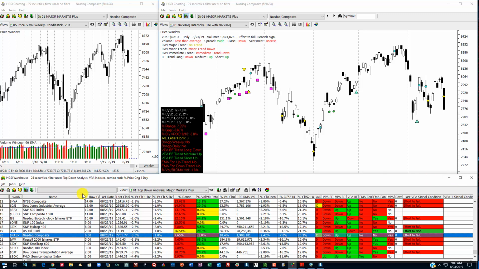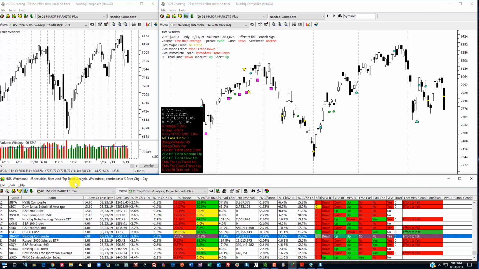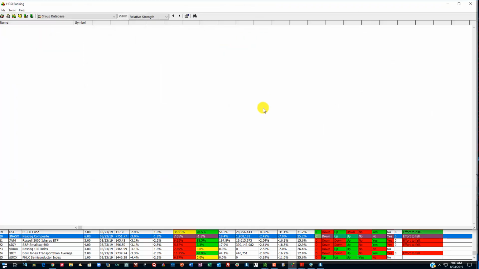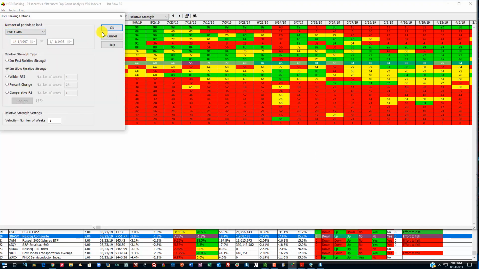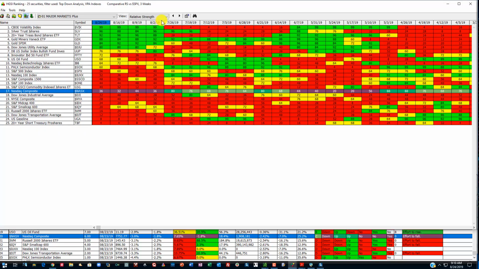So what do we have here as far as relative strength over the last 3 weeks during this mess here? That'd be about 3 weeks. So what I'm going to do is quickly go into the ranking module, and I'm going to use comparative relative strength for 3 weeks comparing to the S&P 500, since that is the standard comparison.